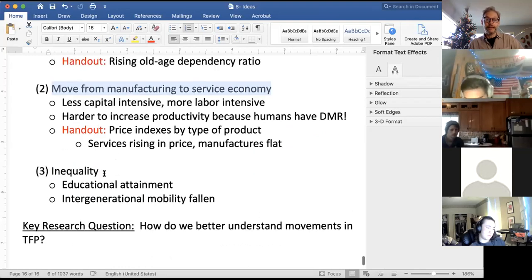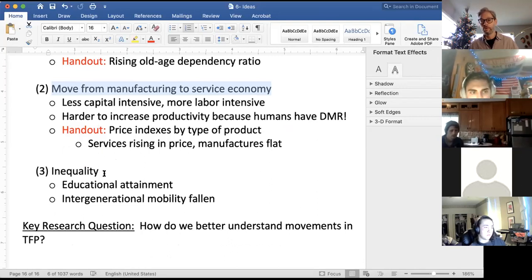And then finally, I think many economists have pointed to growing economic inequality as a potential reason for lower productivity. Because what we've seen is that as economic inequality has gone up, we're seeing lower educational attainment across the board, right? Particularly in poor and middle-class households.